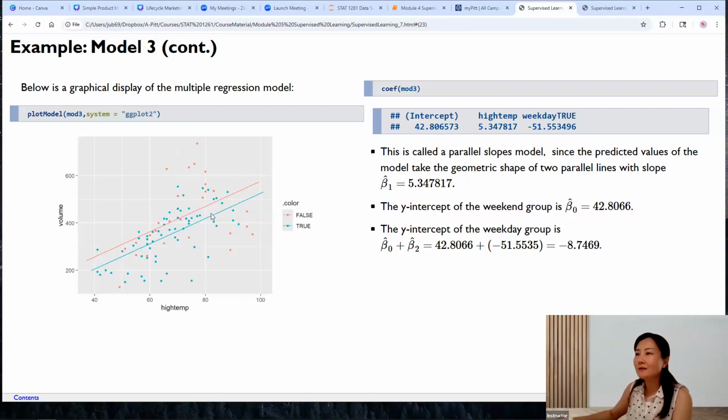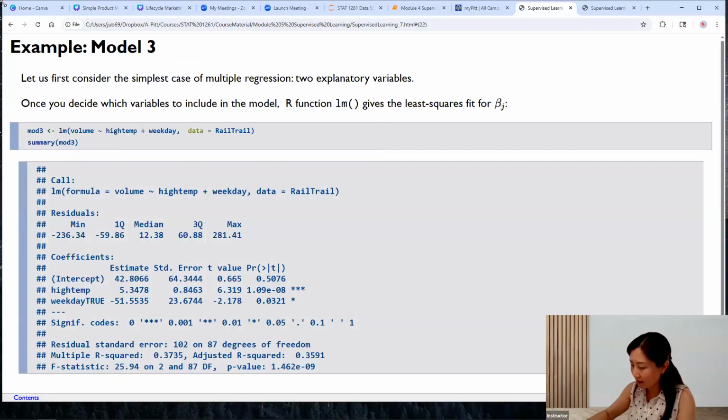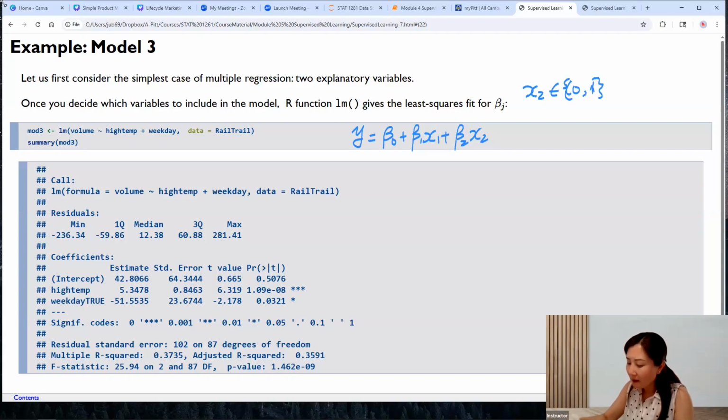So let's try to understand why it looks like this. I will just show you a very simple derivation. Suppose you have two variables, x1 and x2, and x2 is binary. It has only two possible values, 0 or 1. Now consider the zero case.